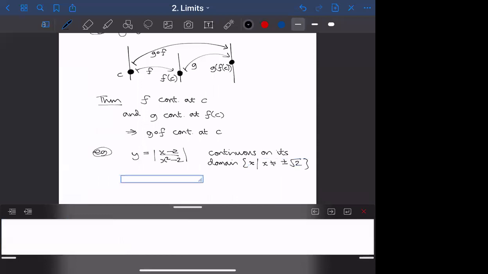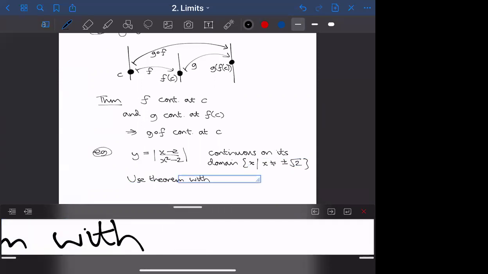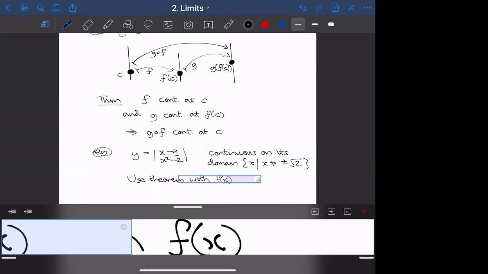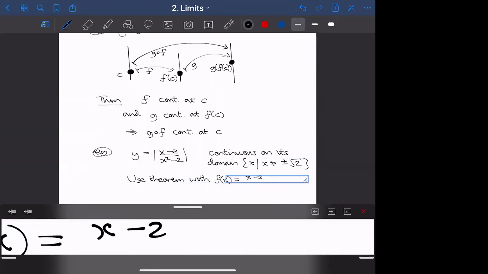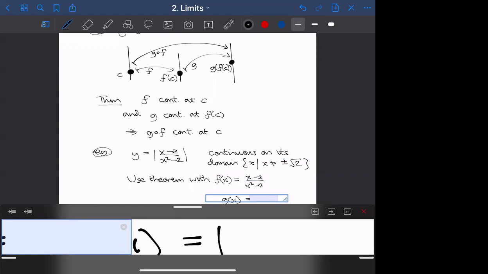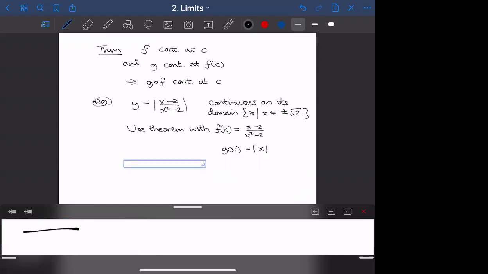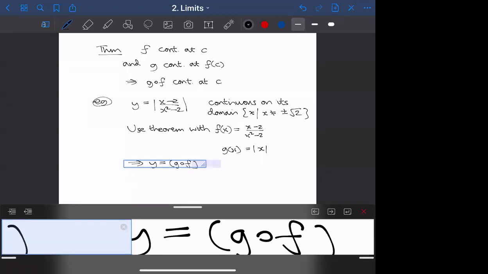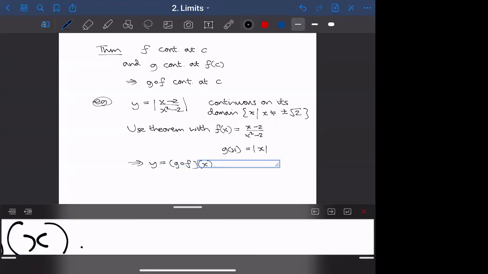So why is this? We use the theorem with f(x) is x minus 2 over x squared minus 2, and g(x) is the absolute value. Because then y is the composition f then g applied to x.